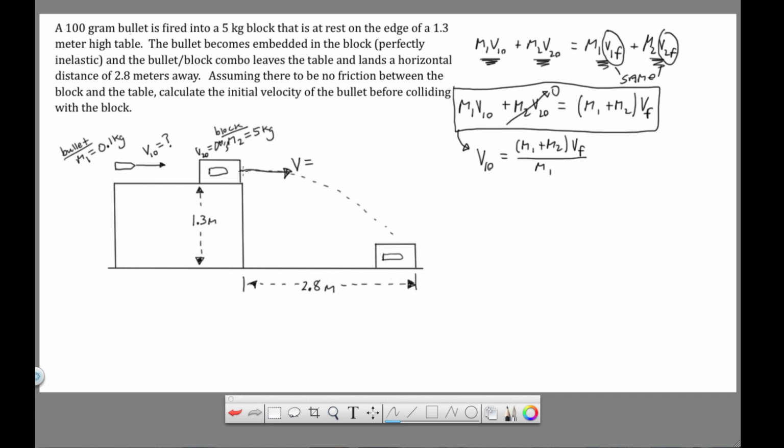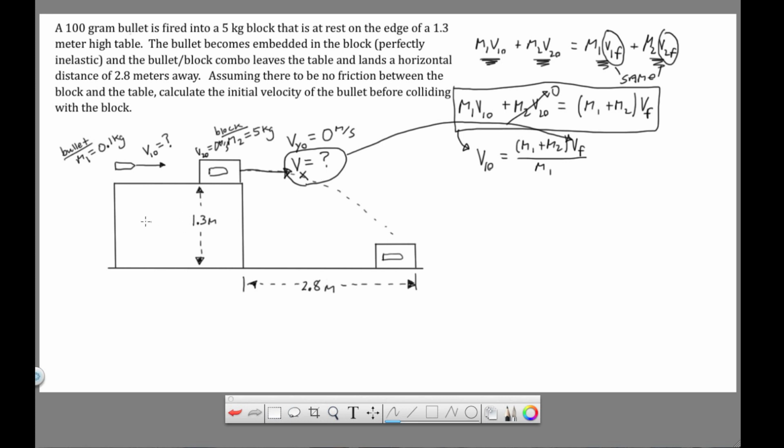The velocity we're looking for as the bullet-block combo leaves the edge of the table is an x velocity. By the way, Vy initial is 0 as the combo leaves the edge of the table, because the motion is only in the x. So this x velocity is the velocity we're going to plug in over here, the velocity right after the collision.